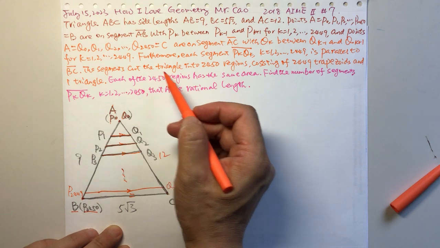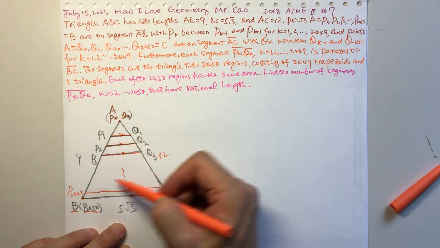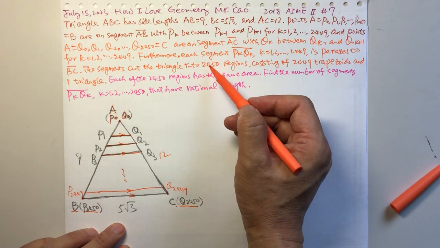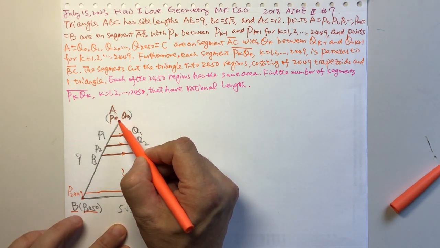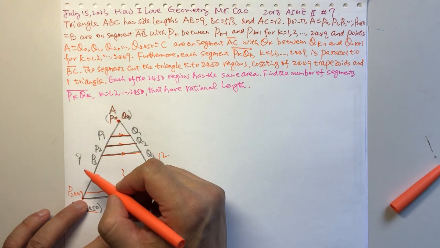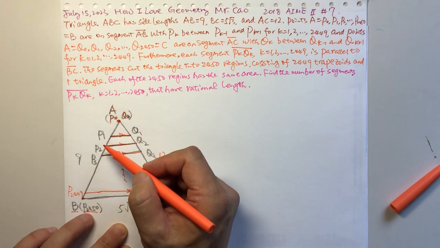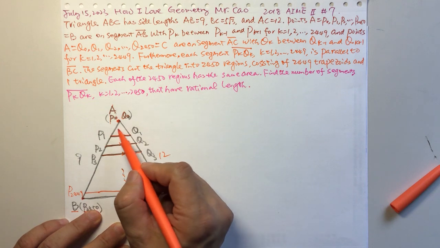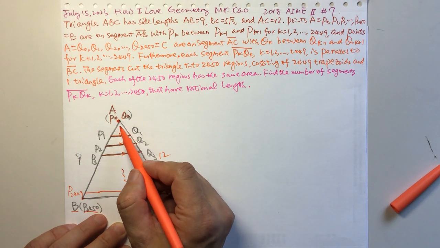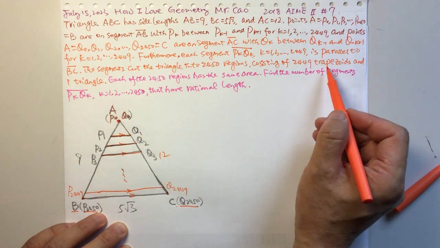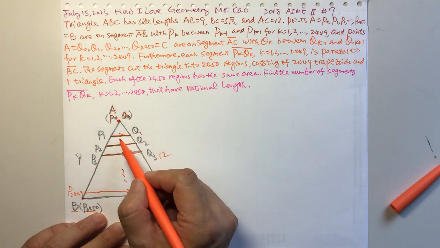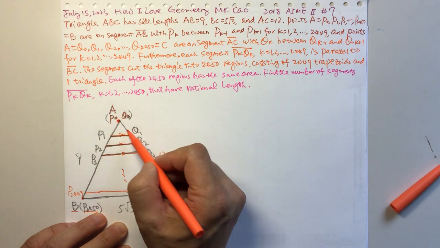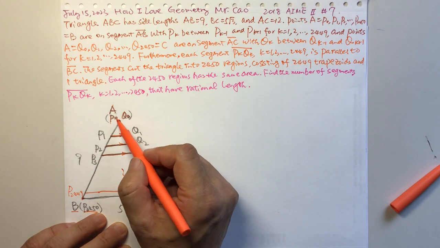The segments cut triangle ABC into 2450 regions. We have 2451 points, but the segments between them number only 2450, so 2450 areas: 2449 trapezoids and one small triangle.